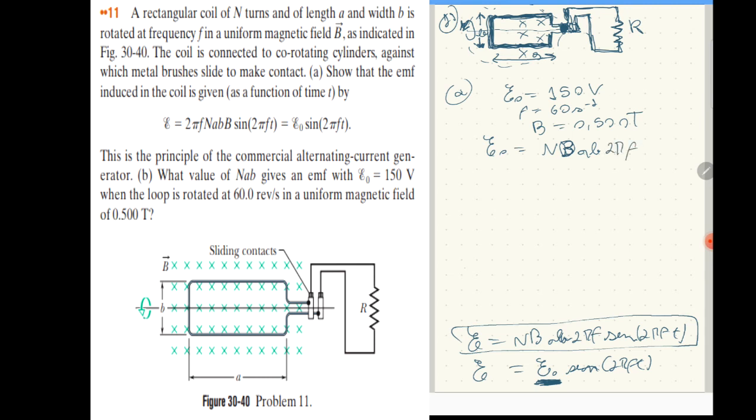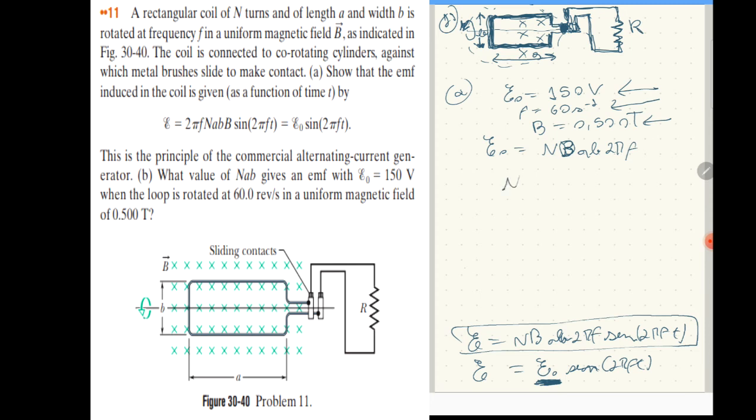And letter B is very easy. The problem gives you the magnitude of the electromotive force, the frequency of the rotation of the coils, and the magnitude of the magnetic field. So the only thing you have to do is make a substitution. This may sound ridiculous, but that's the only thing you have to do.